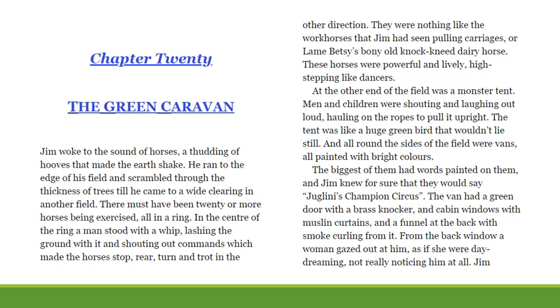In the center of the ring a man stood with a whip, lashing the ground with it and shouting out commands which made the horses stop, rear, turn, and trot in the other direction. They were nothing like the work horses that Jim had seen pulling carriages or Lame Betsy's bony old knock-kneed dairy horse. These horses were powerful and lively, high-stepping like dancers.